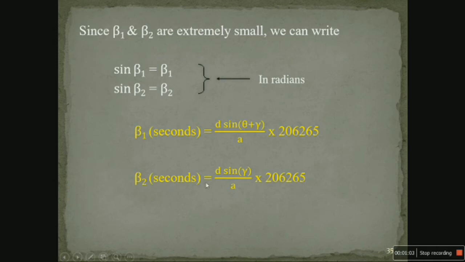Again, the beta 2 value is in seconds. This is our formula. These are the constant values because we are converting the radians to seconds. So in that condition, you have to multiply by this constant value. The constant value will be calculated like this.